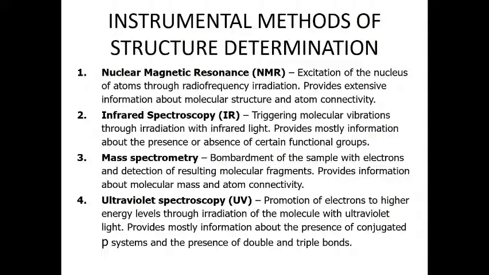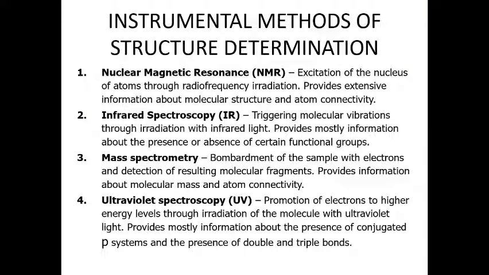Among all the instrumental methods for structure determination, there are a few that you already know and have worked with. First of all, we have nuclear magnetic resonance. In this one, the excitation of the nucleus of an atom through high radiofrequency irradiation provides extensive information about the molecular structure and atom connectivity.